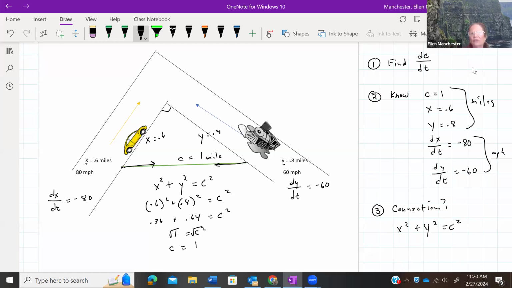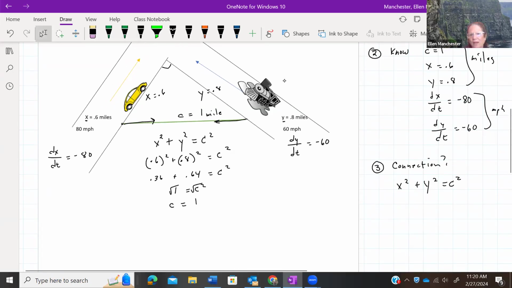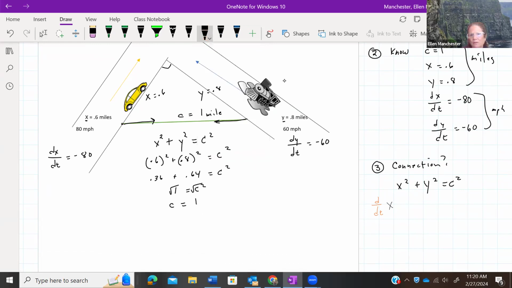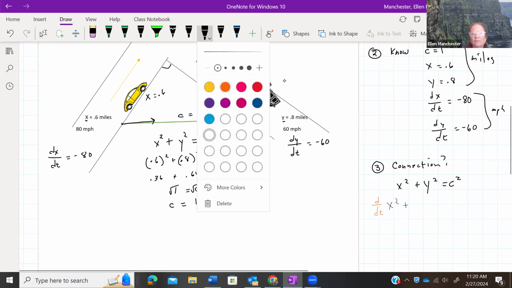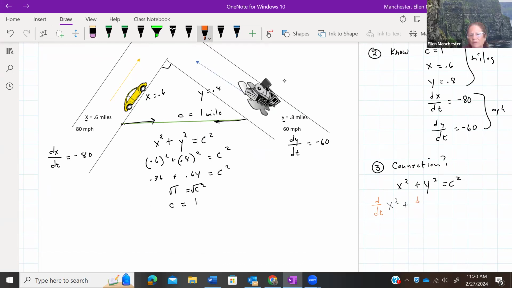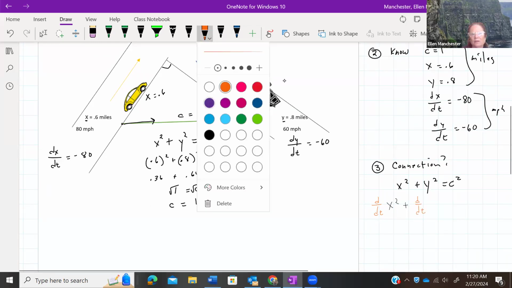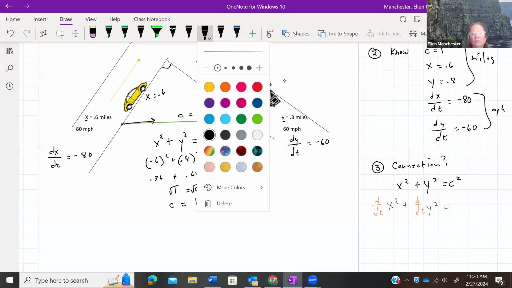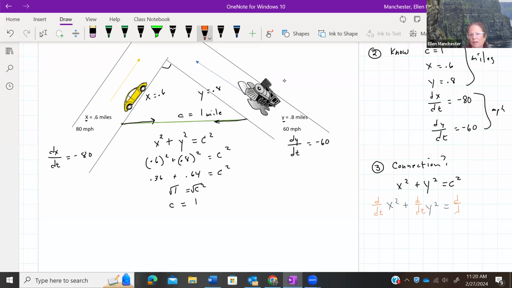Okay. All right. So now we're going to go ahead and use implicit differentiation. Let me roll this up a little bit. I'm going to find the derivative based on time of x squared plus the derivative based on time of y squared and the derivative based on time of c squared.